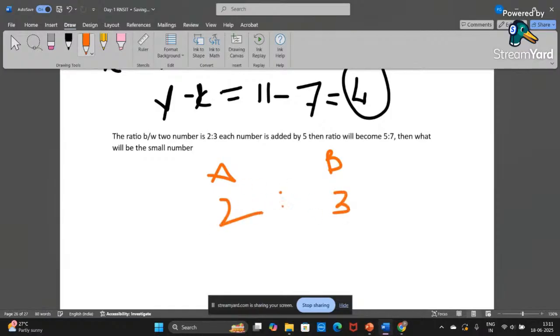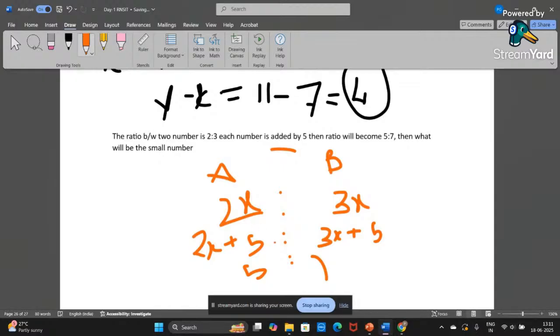So they're in the ratio, so there must be some common multiple. Let us take it as x. Each number is added by 5. So this 2x is also added by 5, and this 3x is also added by 5, 3x plus 5. Then after adding 5, the ratio will become 5:7.